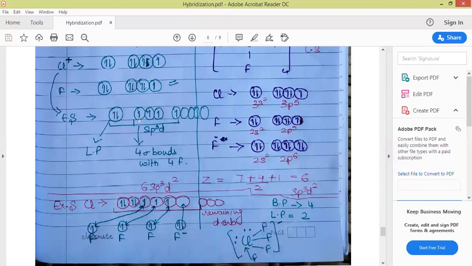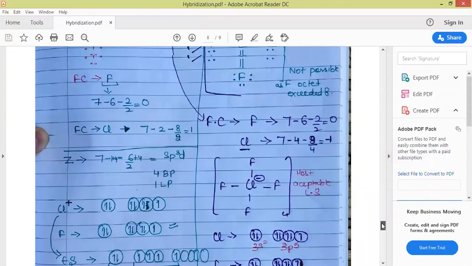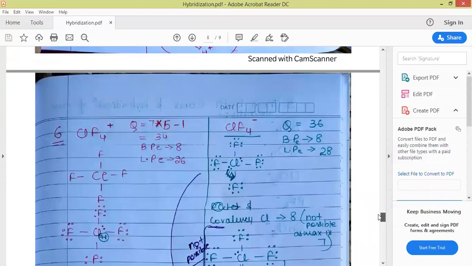We'll get 4 unpaired electrons and 1 will be present as a lone pair, and these 5 orbitals will undergo sp3d hybridization and we'll get 5 sp3d hybridized orbitals. 1 will be present as a lone pair, and based upon this, its geometry is trigonal bipyramidal.